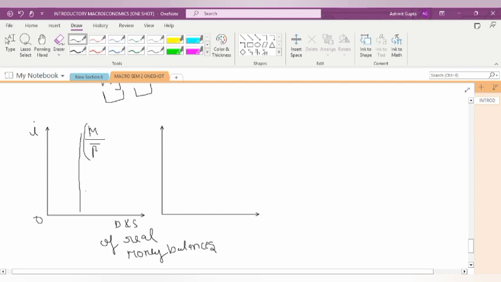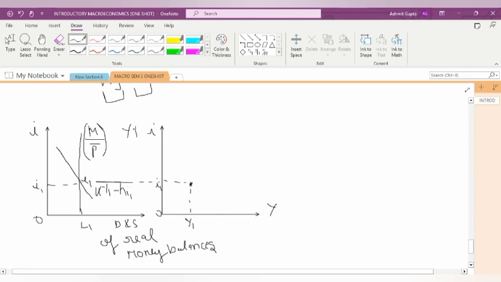This is the initial equilibrium. We take this into the I-Y space and take this as the initial level of output. So we have this one point for I1 interest rate and Y1 output.